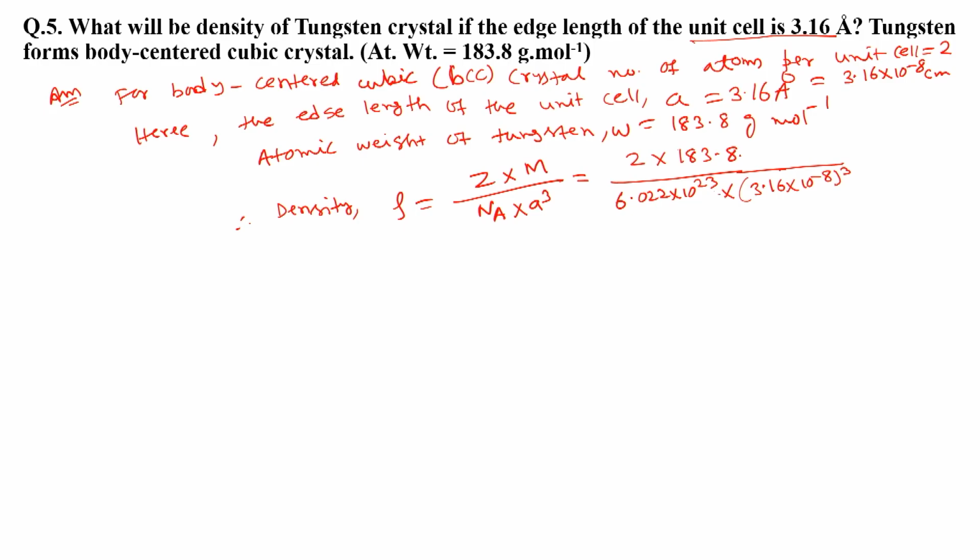Grams per mole divided by per mole gives the unit gram per centimeter cube, which is the unit of rho. Now we calculate all these values, and we get rho is 19.34 grams per centimeter cube.